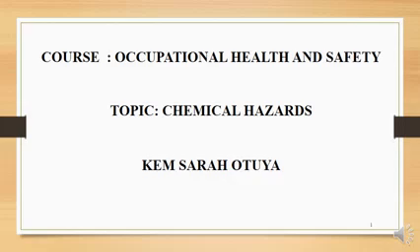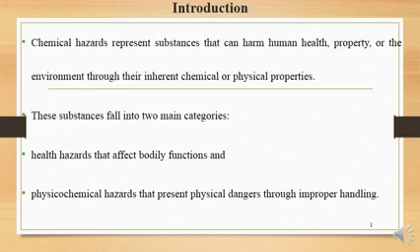Welcome to class, students. Today, we'll be looking at a very vital topic titled chemical hazards. Chemical hazard represents substances that can harm human health, property, or the environment through their inherent chemical or physical properties.